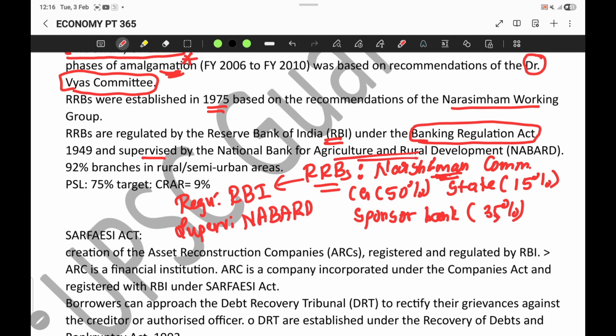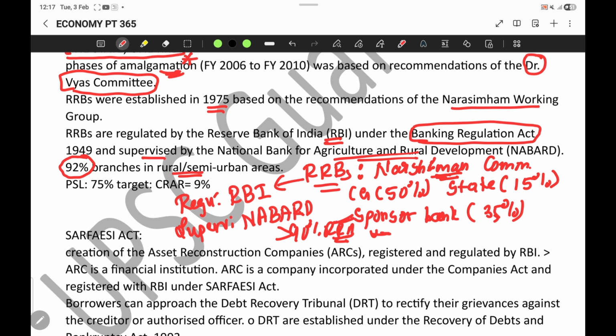And presently, a recently conducted survey shows that 92% of the branches of RRBs are in rural and semi-urban areas. Okay, 92%. UPSC may ask: more than 90% of RRBs are in rural and semi-urban areas.